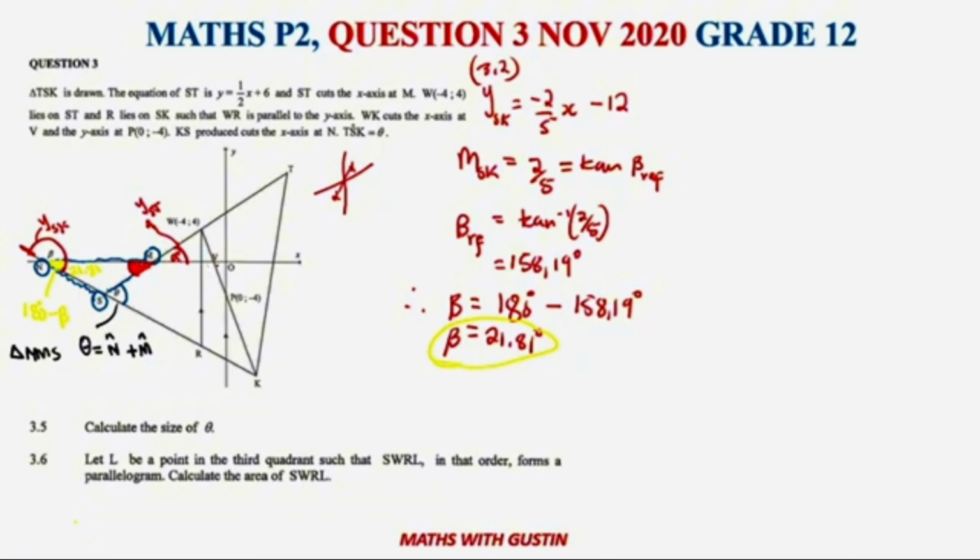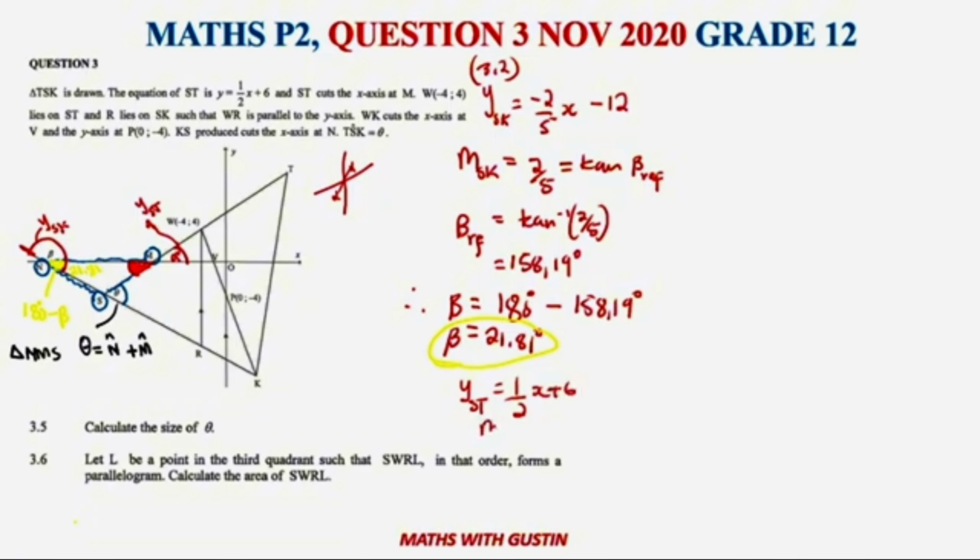Let's calculate the M now. All right, so let's go to the M. M is given by the line ST rather. So we are going to come here and say, okay, ST equation is given by half x plus 6.